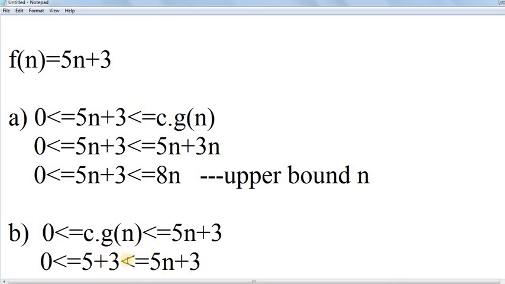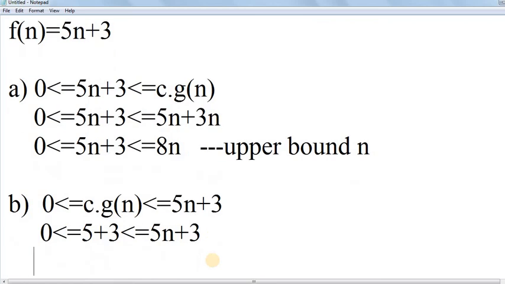Now again a question will come, why have I written 5 plus 3? Because 5n, n is one polynomial term, 3 is associated with a constant which is lesser than this n, so we have taken 5 plus 3, 8. So finally we arrive at the conclusion 0 less than or equal to 8 less than or equal to 5n plus 3.